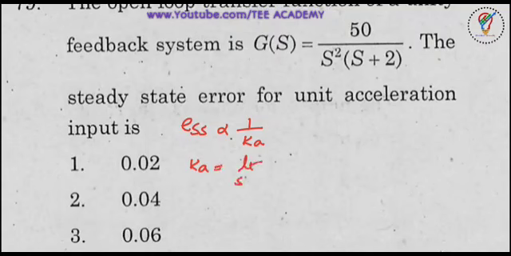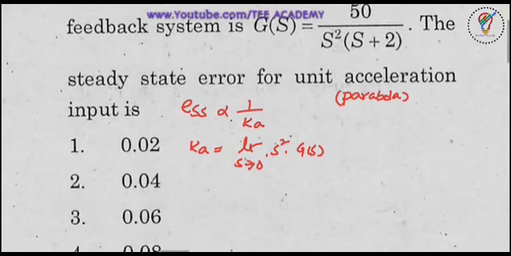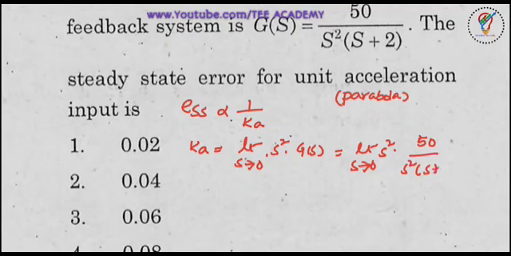limit s tends to 0, s square into G(s). Acceleration input means the input is a parabola, right? So limit s tends to 0, s square G(s) means 50 divided by s square into (s plus 2). So s square gets cancelled.